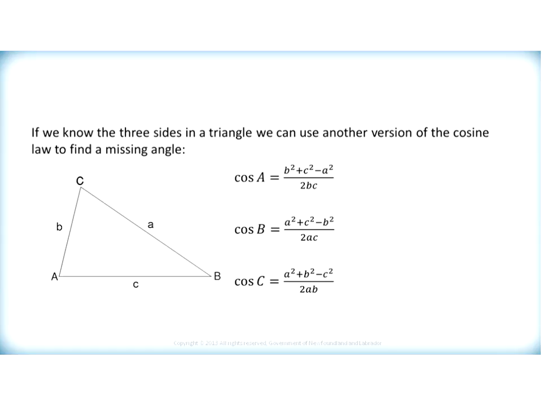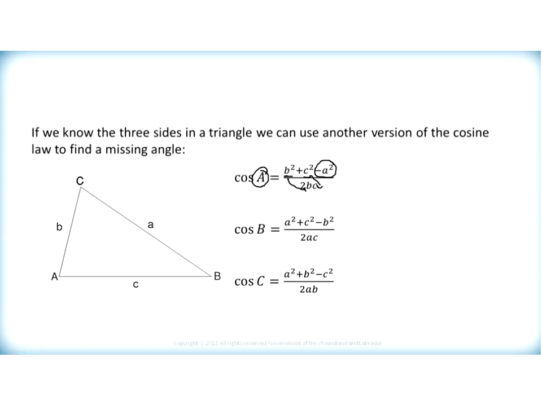So it's really important that you notice that when we're looking for angle A, we subtract the square of side a from the square of the other two sides. And these two sides show up again in our denominator.